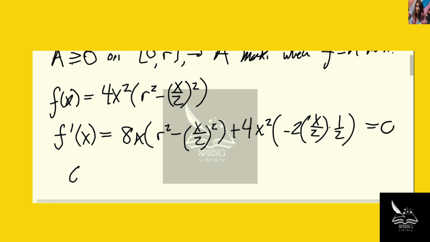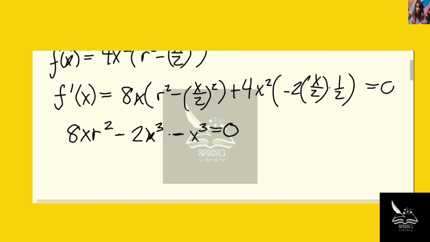So we have 8x r squared minus 8 over 4, which is 2x cubed, plus 4 over 2 is 2, and again, x cubed equals 0. Sorry, this should be negative 2x cubed. So positive 4x cubed minus 8r squared x equals 0.